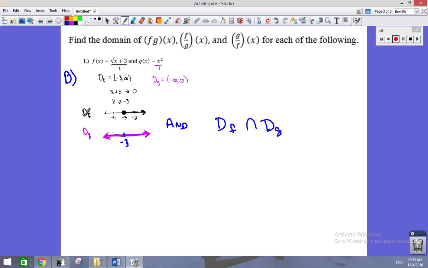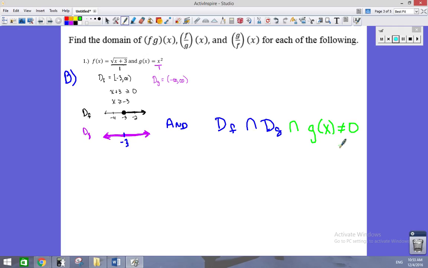Okay, so I'm going to use the domain of f, I'm going to use the domain of g, but I have to also be afraid that this g that's in a denominator could equal 0. I need to prevent that from happening. I need to make sure that I'm only using values of x that prevent g of x from being 0.